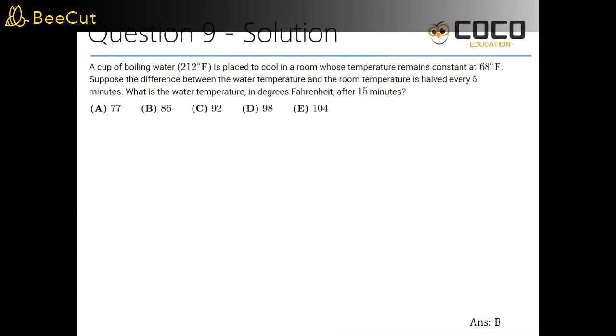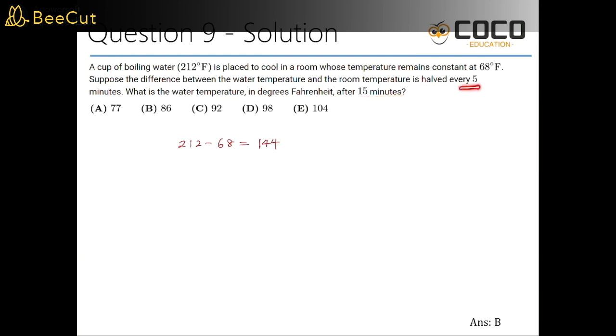Question 9. This one says that at first the temperature is 212 and the room temperature is 68. The difference between them halves every 5 minutes. So at first the difference is 212 minus 68, that's 144. What's the water temperature after 15 minutes?